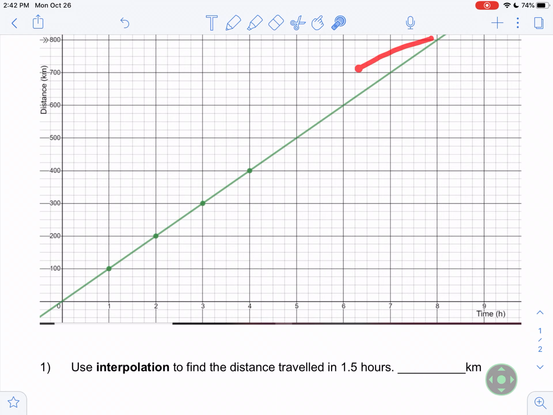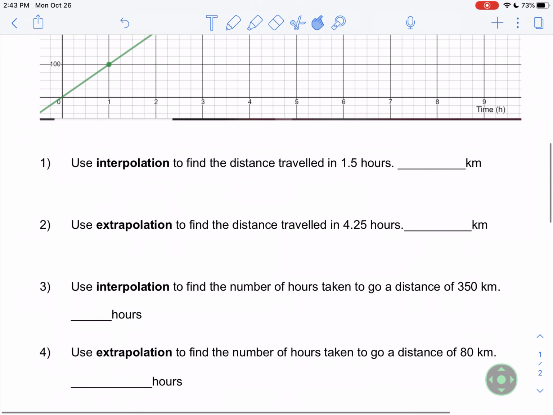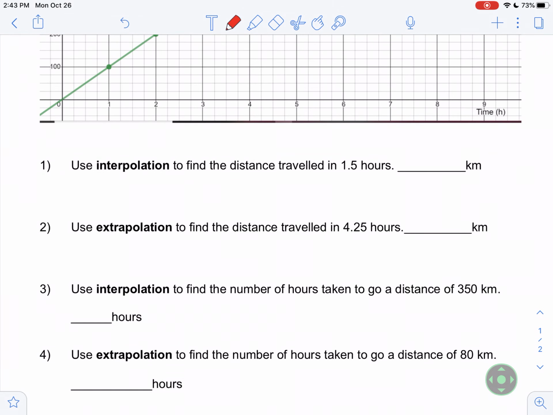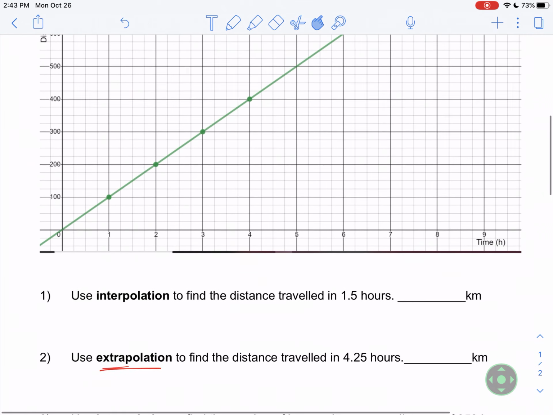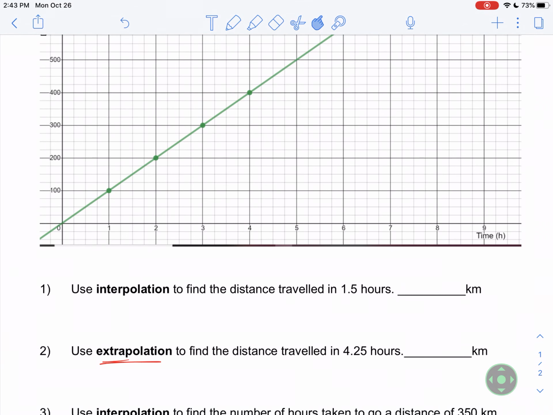Or I can extend my line in either direction and I can find out information over here. Okay? So when you're looking between the points that are given, we call this interpolation, inter meaning in. And extrapolation is beyond, so that's when you extend your line beyond the points that are given.